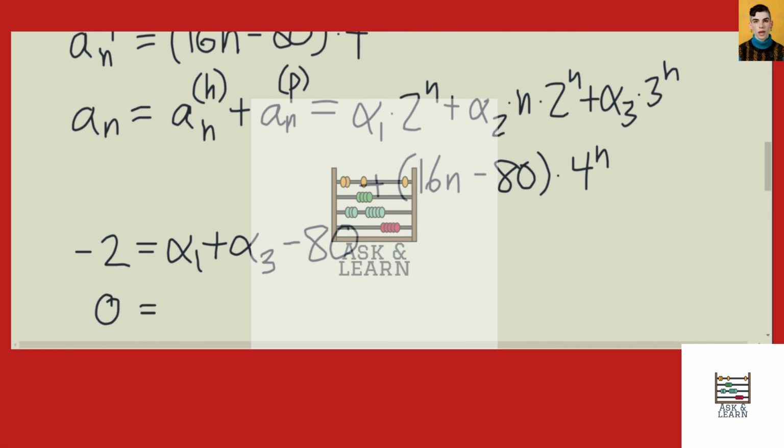We also have the equation a1 is equal to 0, so we have that 0 is equal to 2 alpha 1 plus 2 alpha 2 plus 3 alpha 3, and then 16 times 1 minus 80 is going to be negative 64 times 4 to the first, which is just 4.